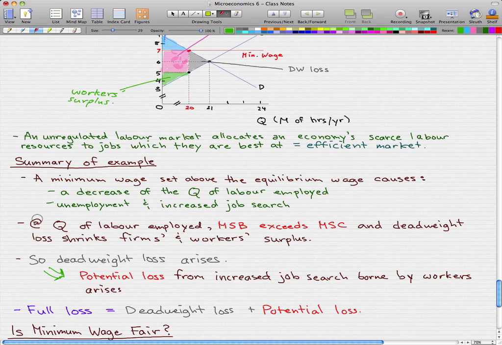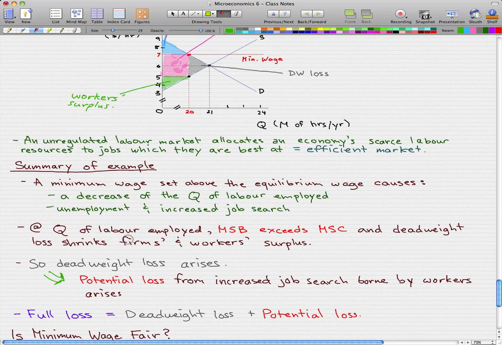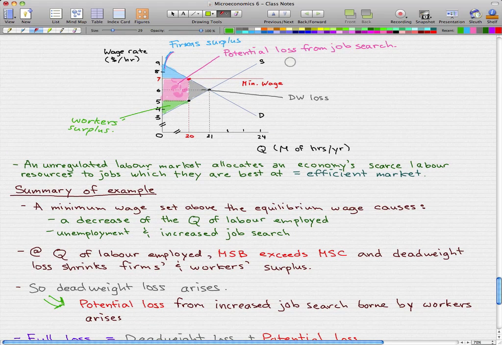At the quantity of labor employed, the marginal social benefit exceeds the marginal social cost, and deadweight loss shrinks both the firm's and the workers' surplus. Now, I know that this doesn't look how it looks because you usually look at marginal social cost as the supply curve and marginal social benefit as the demand curve.